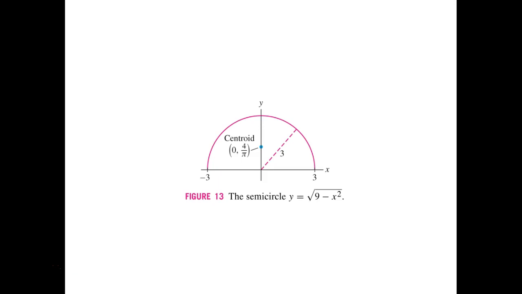When I first looked at this one, I thought they were saying the centroid of this wire that goes like this. That would also be here if it's a uniform density wire, but it wouldn't necessarily be that. So we should color this in. Your book has it in blue.